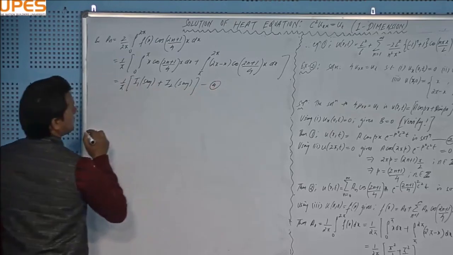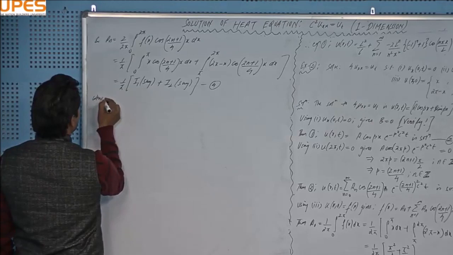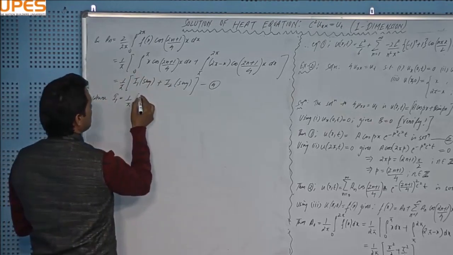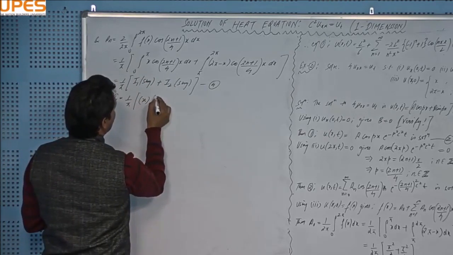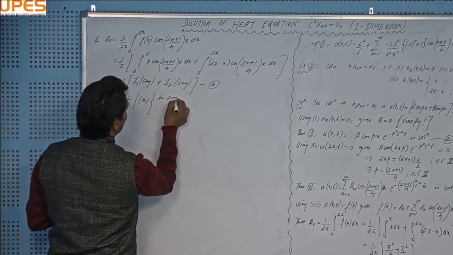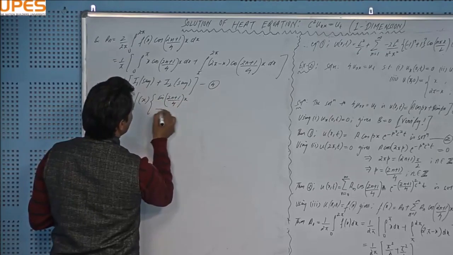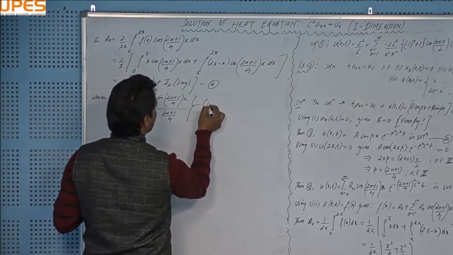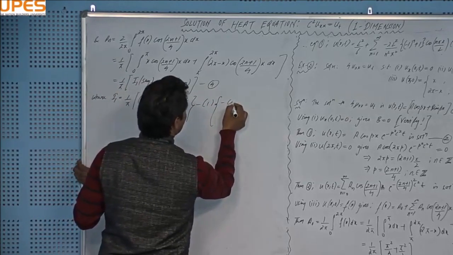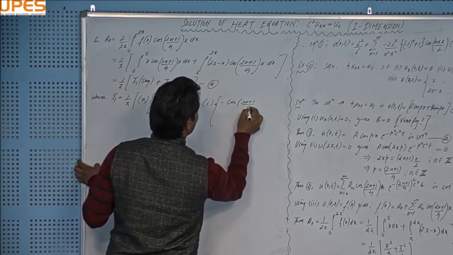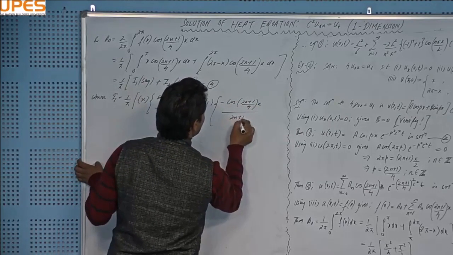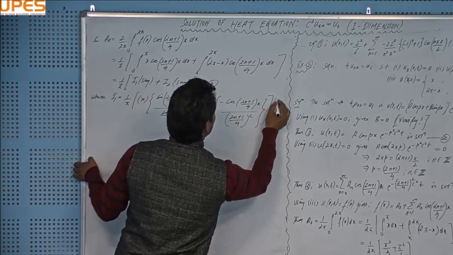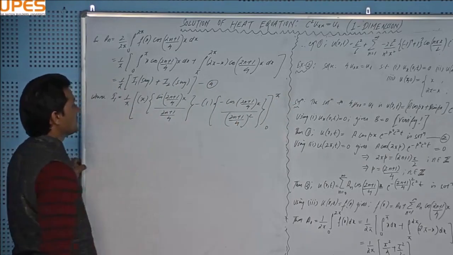Where I1 is equal to 1 over pi times this integral, and applying by parts: x, and the integration of cos is sine((2n plus 1)/4 x) over (2n plus 1)/4, and then minus 1, and the integration of sine will be minus cos((2n plus 1)/4 x) over ((2n plus 1)/4) whole square, from 0 to pi. Let me see what happens if I put pi here.